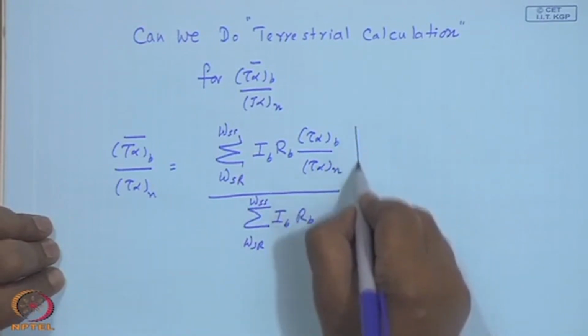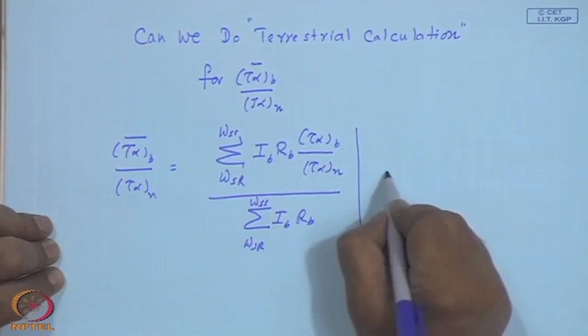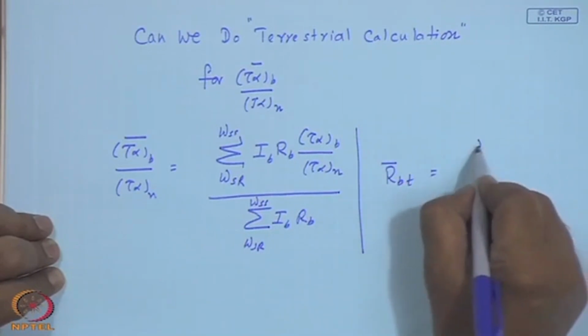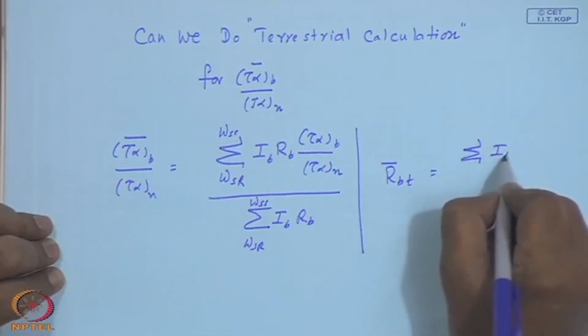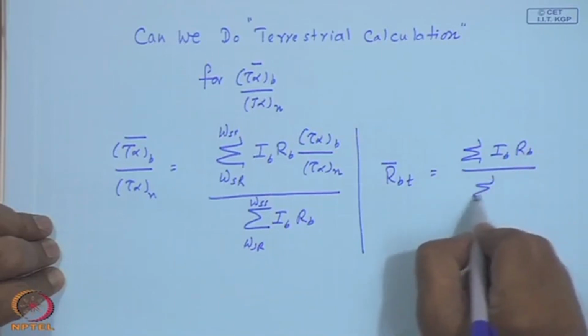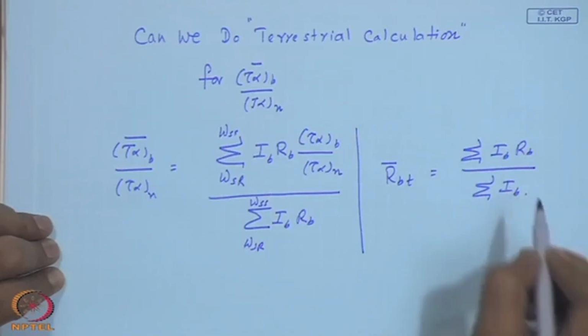So, notice the similarity: R b bar t equal to sigma I b R b by sigma I b.